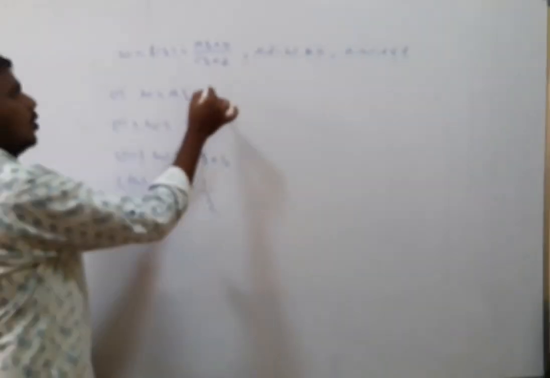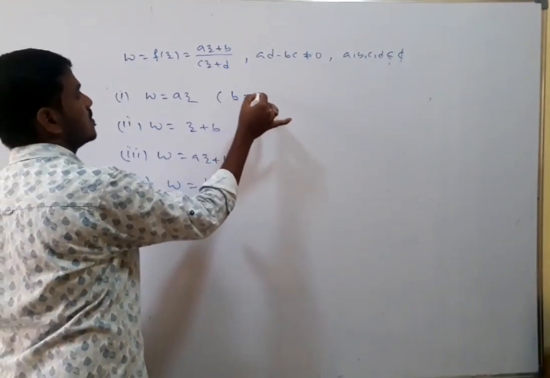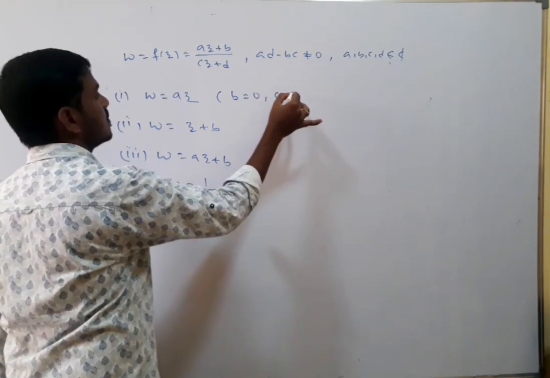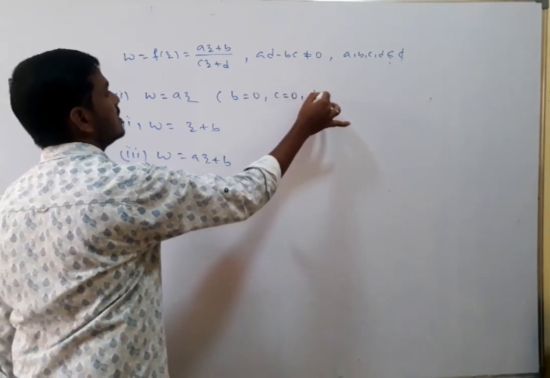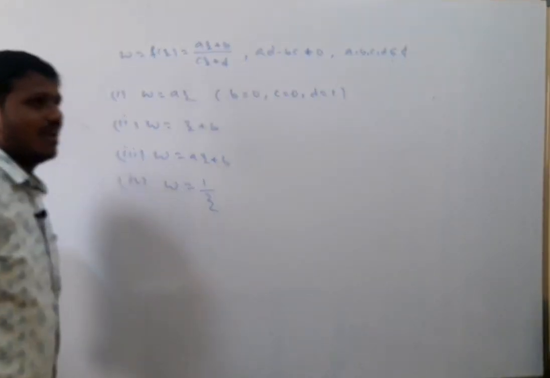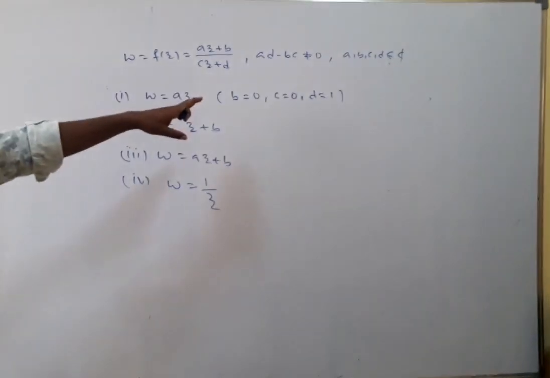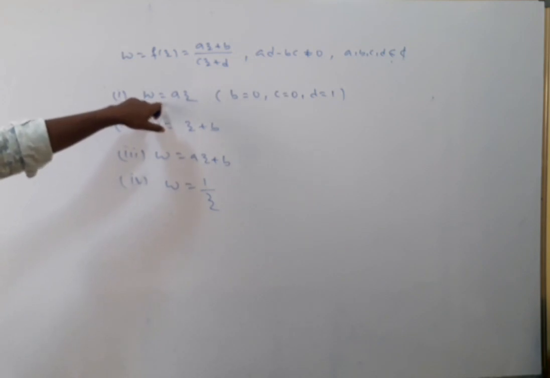When we get w equals az, we take b equals 0, c equals 0, d equals 1. For such special values of a, b, c, d, we have the transformation w equals az.